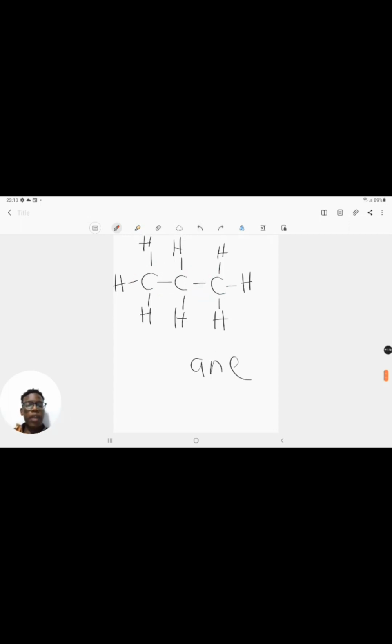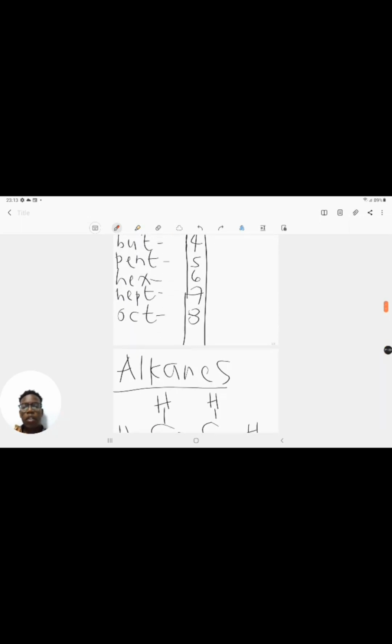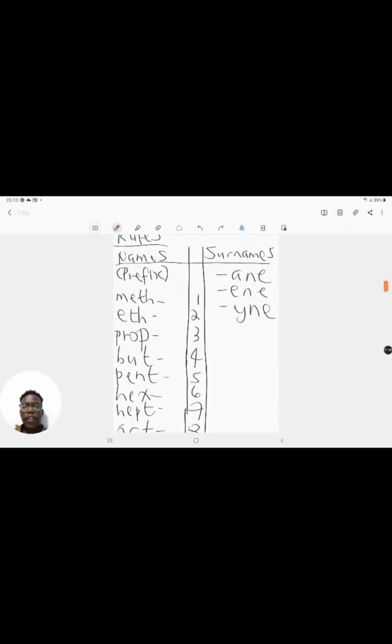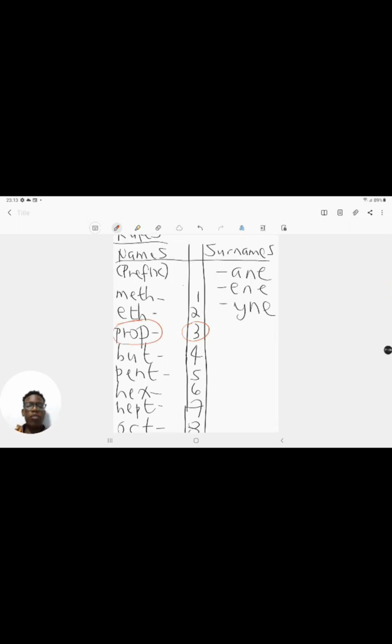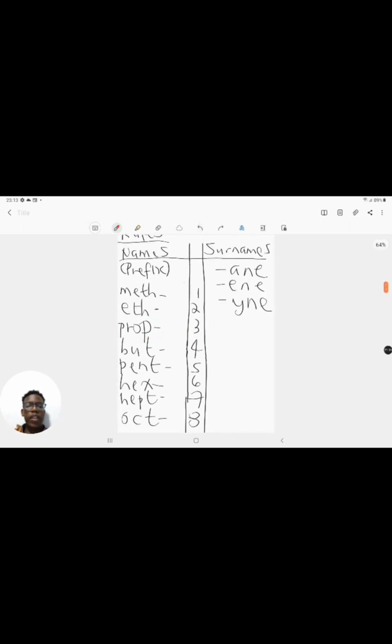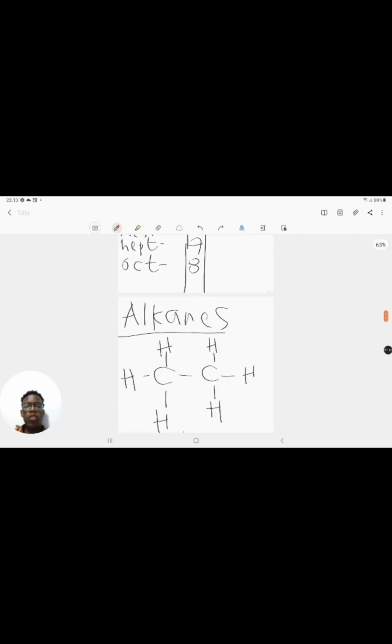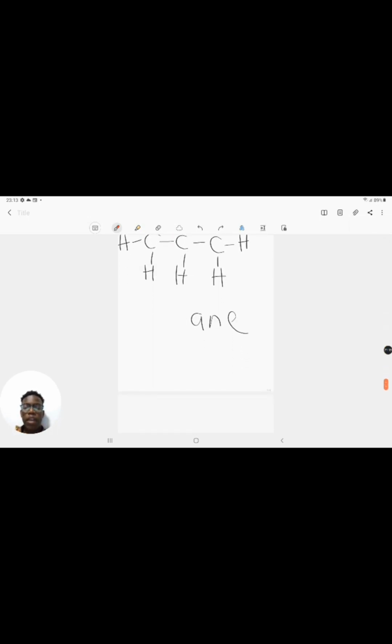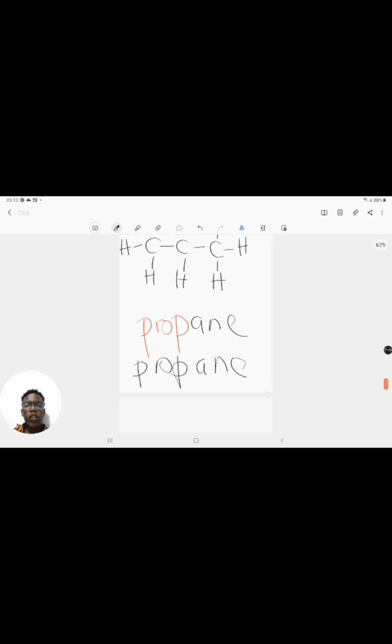Since we've got 3 carbon atoms, I'm going to go back up to my table. There's my 3 there, and the name for 3 is prop. So I'm going to put the name together with the surname. The name is prop, the surname is ane. Therefore, the name of this compound is propane. Easy peasy. That's how you would name this.